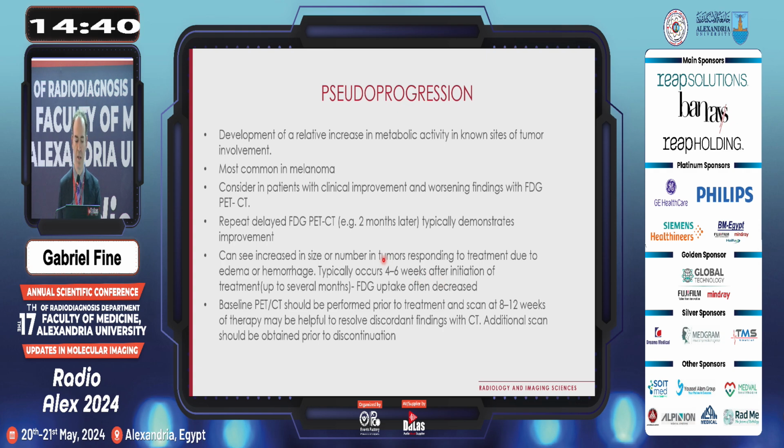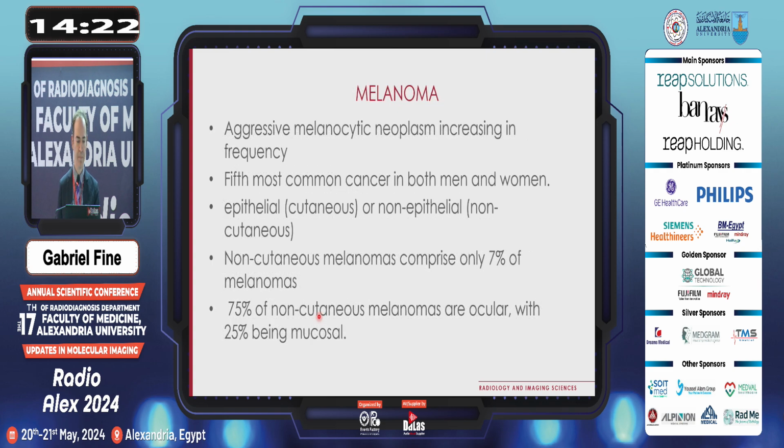It can be due to edema or hemorrhage, or the tumor is looking bigger due to the treatment actually working. So typically it's in the first month or two where you see that stuff. So if you wait a while and then repeat, oftentimes it can be better and it can be worthwhile to do that before discontinuing treatment.